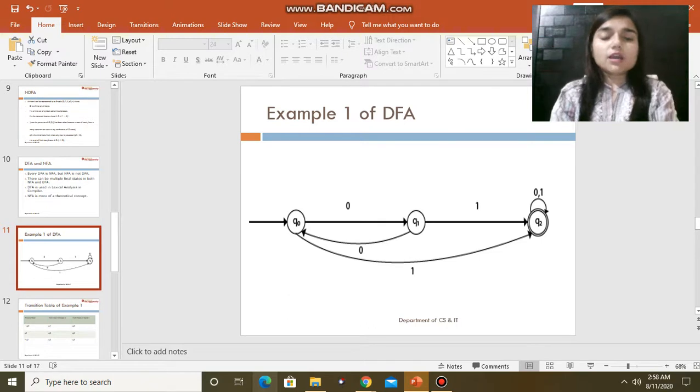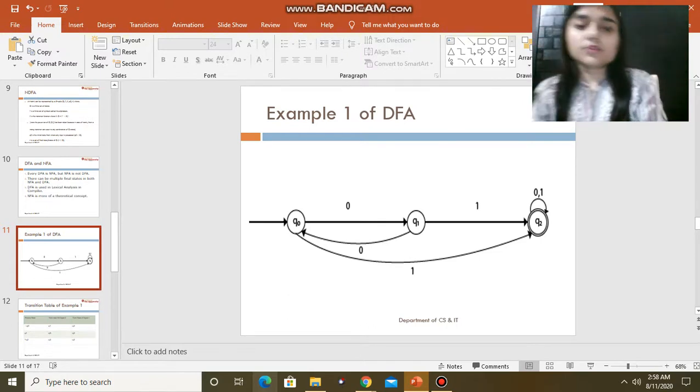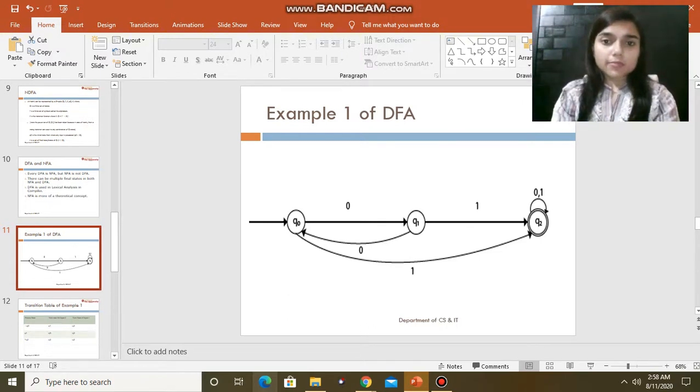Now we will take the first example of the DFA. This diagram is known as a transition diagram. Here how many states are there? There are 3 states, Q0, Q1 and Q2.